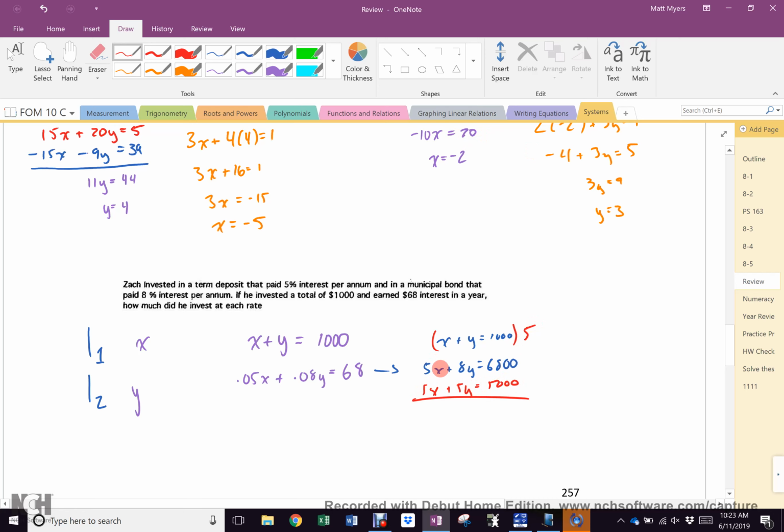Now to eliminate, I have to subtract, right? 5 minus 5 is 0. 8 minus 5 is 3y. 6,800 minus 5,000 is 1,800. Y equals $600. If y is $600, then what's x?